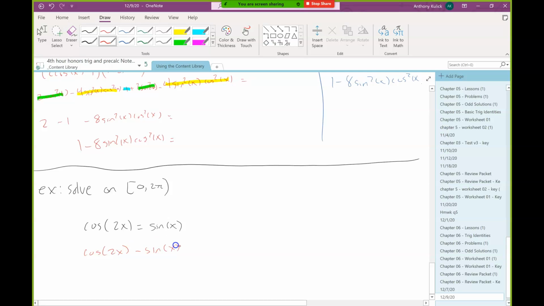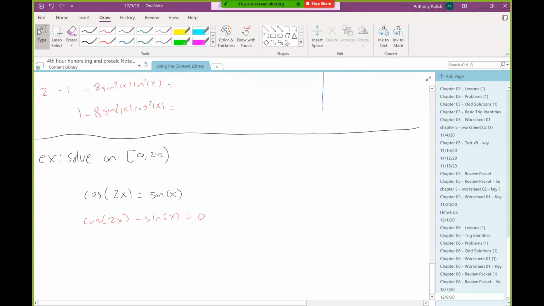So I'm going to subtract sine x from both sides. And there's no factoring I can do at this point because cosine 2x and sine 2x aren't the same trig function. So what I'm going to want to do is rewrite cosine 2x so that I only have sines in it.